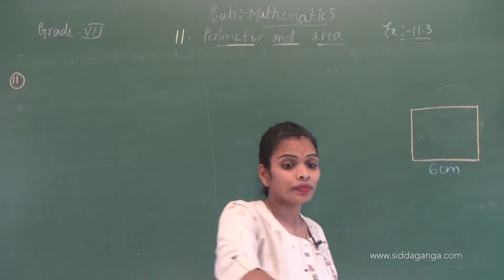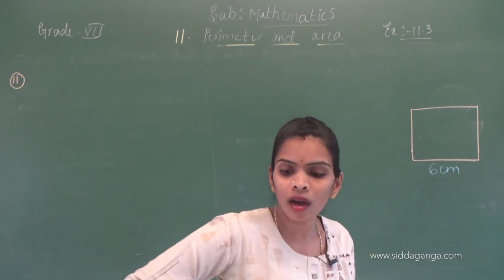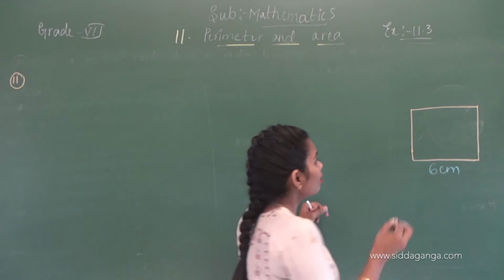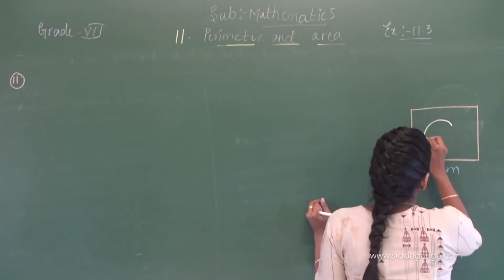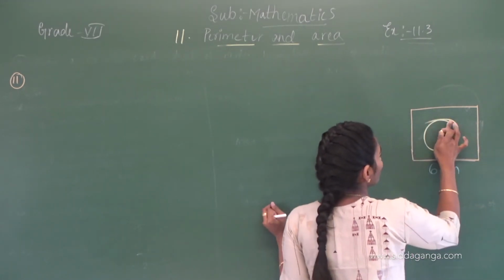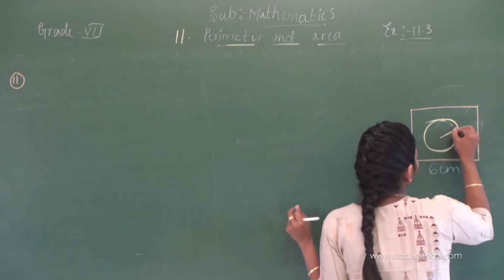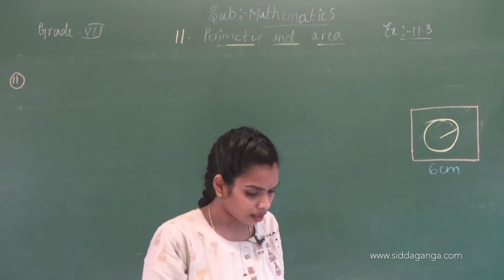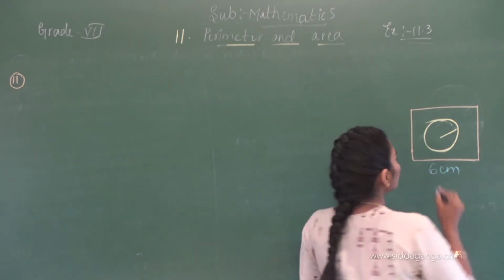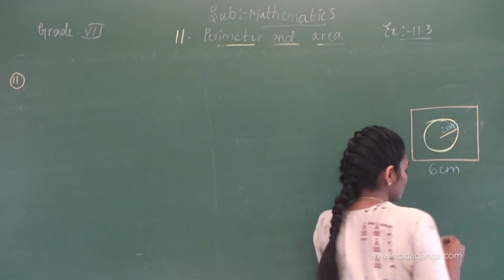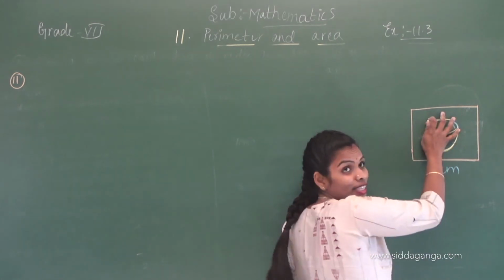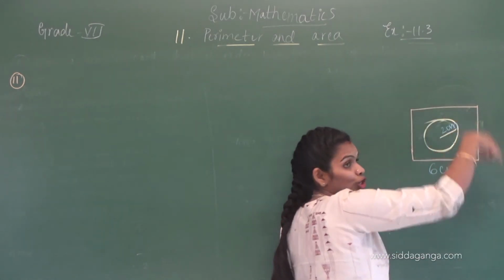And then they are removing a circle part of radius 2 centimeters from this aluminium sheet.